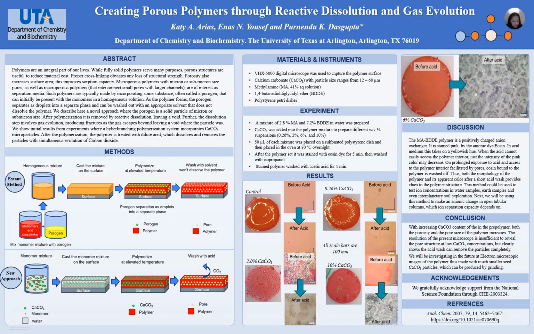This means that both the morphology of the polymer and its apparent color after a short acid wash provide clues to the polymer structure. This method can be used to test ion concentrations in water samples, earth samples, and even interplanetary soil exploration.